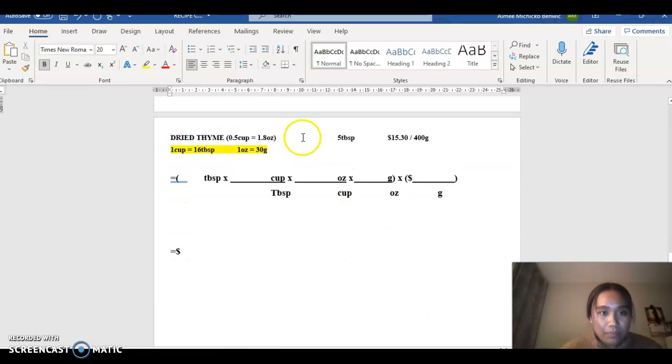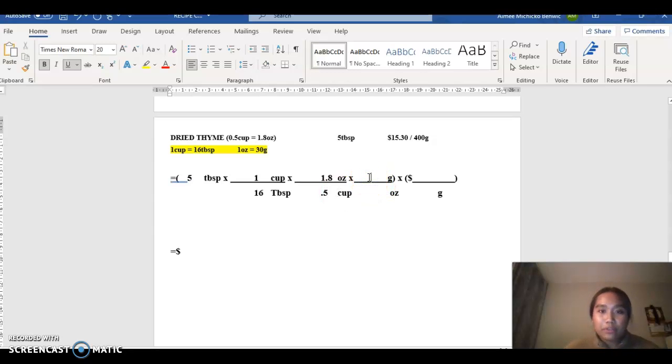So for the next recipe, ingredient, dried thyme. I have 5 tablespoons here. In 1 cup there are 16 tablespoons, and we have to go to grams. So let's convert more. In 1 ounce there are 30 grams. As we see in our weight equivalency, in 1.8 ounces there are 0.5 cups.